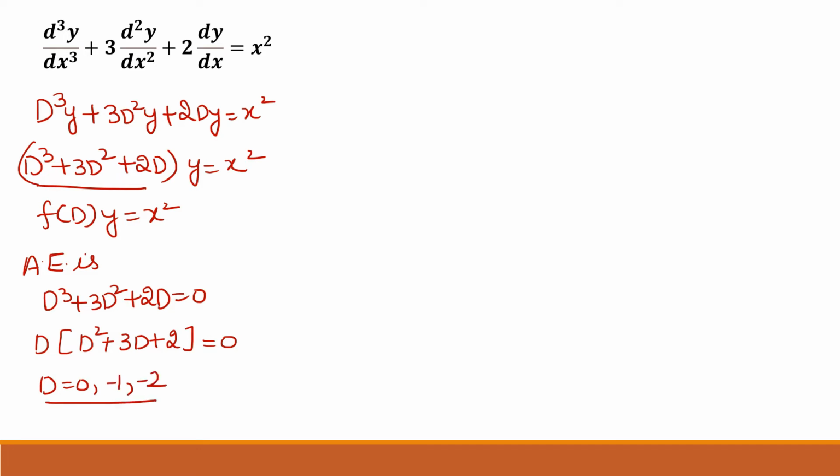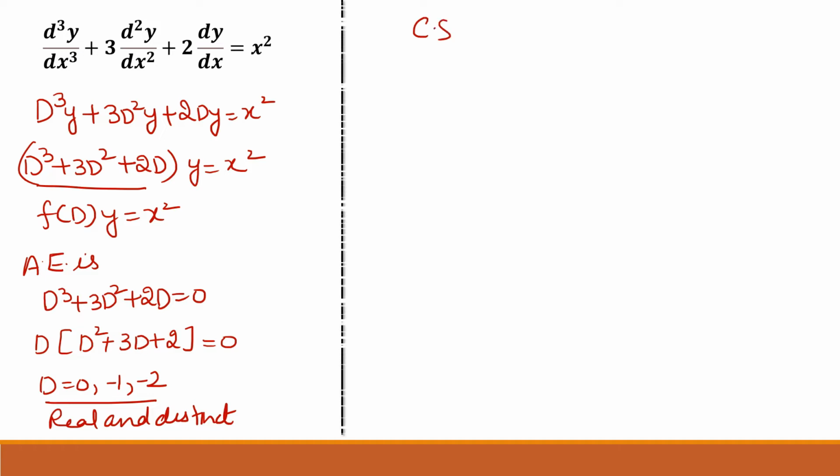The roots are real and distinct, so we know what we used to have in this case. The complementary solution will be c1 e to the power first root times the independent variable x, plus c2 e to the power second root, that is minus 1, times x, plus c3 e to the power third root times x.